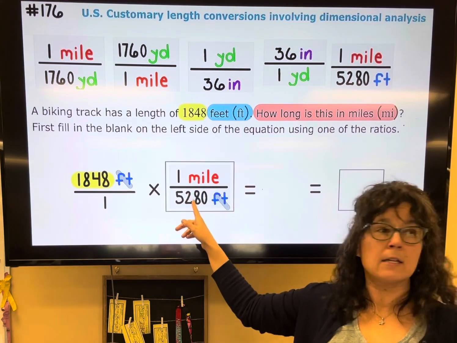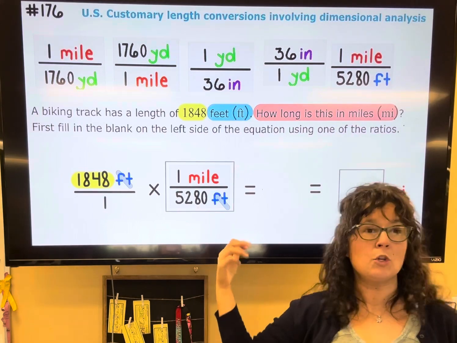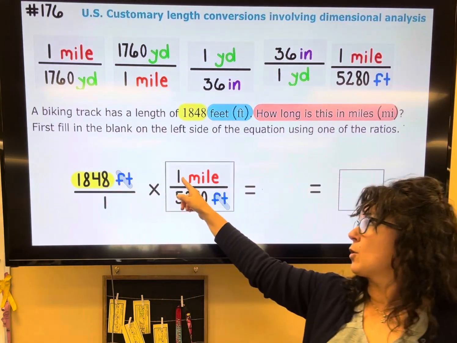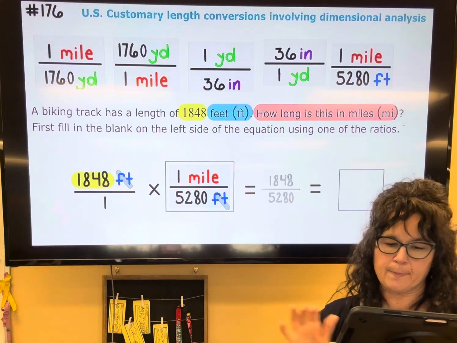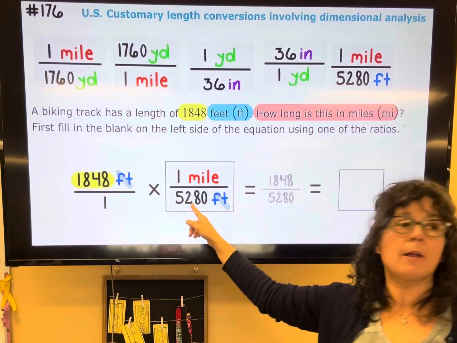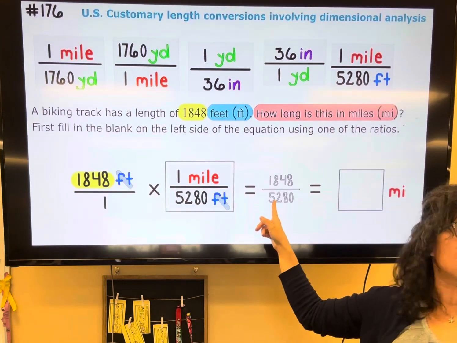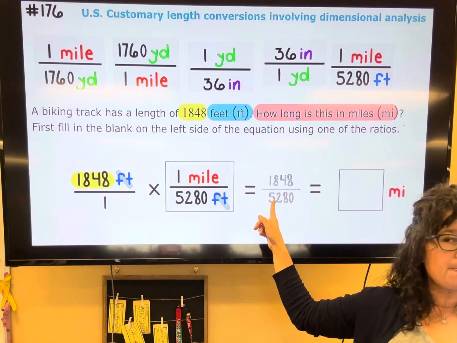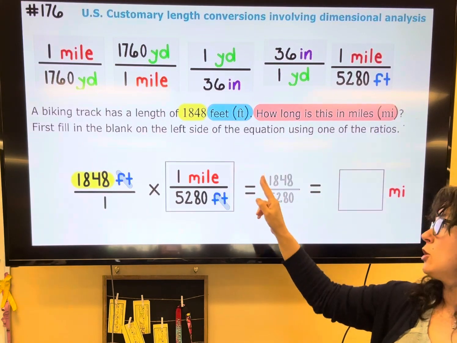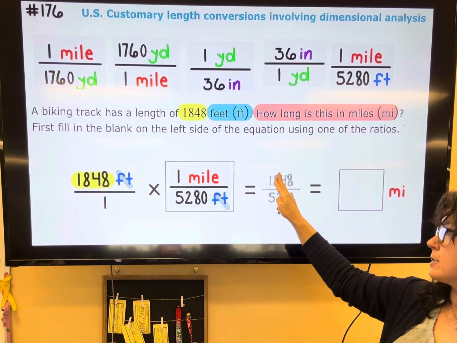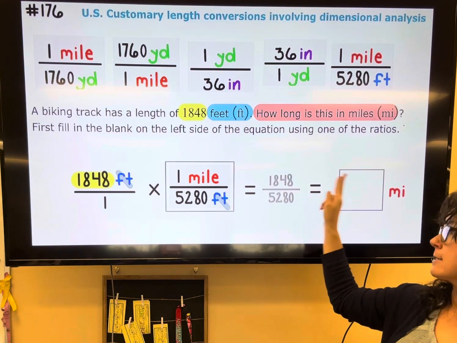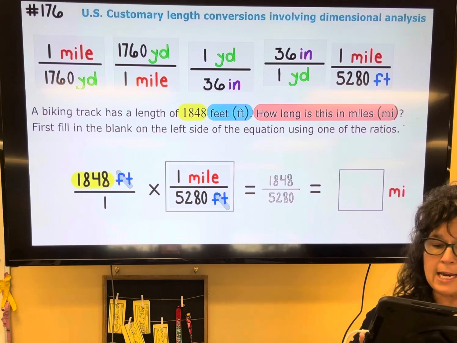Once I've selected the right fraction, I multiply across. 1,848 times 1 is 1,848, and 1 multiplied by 5,280 is 5,280. When you turn a fraction into a decimal, you read it like a book: 1,848, next line, divided by, next line, 5,280.